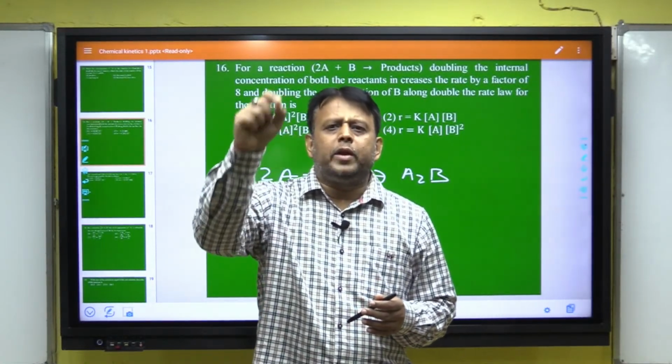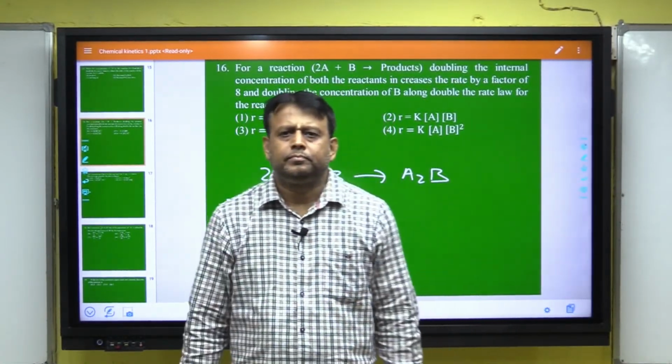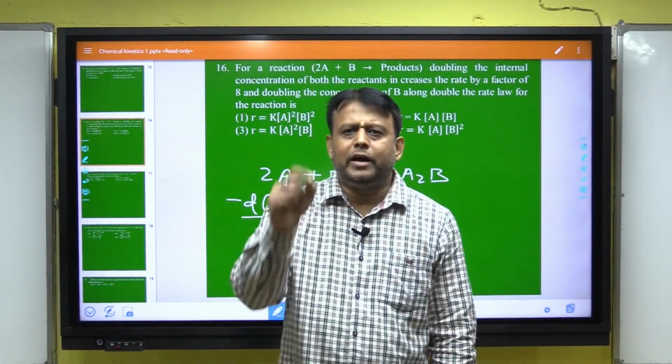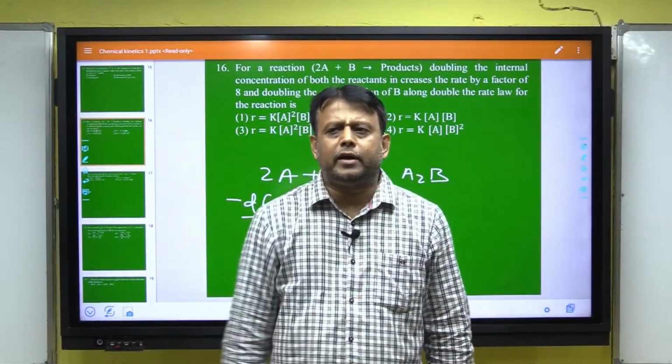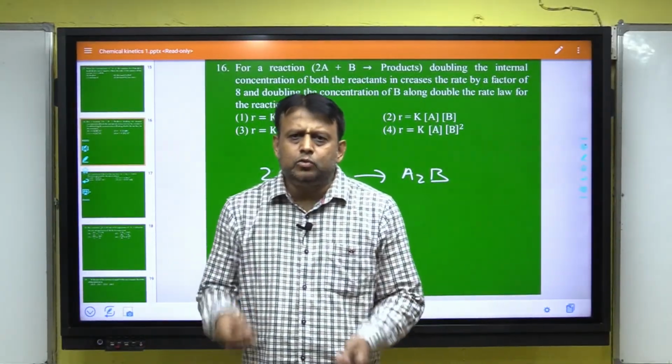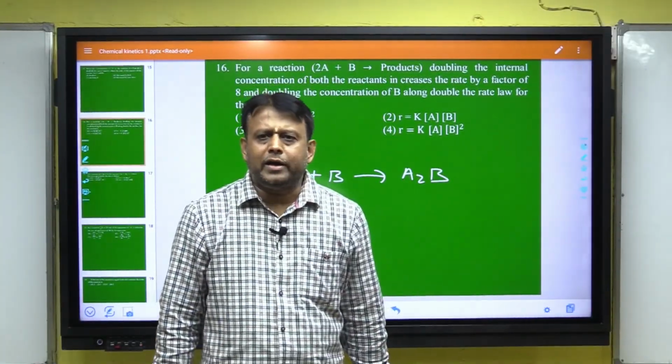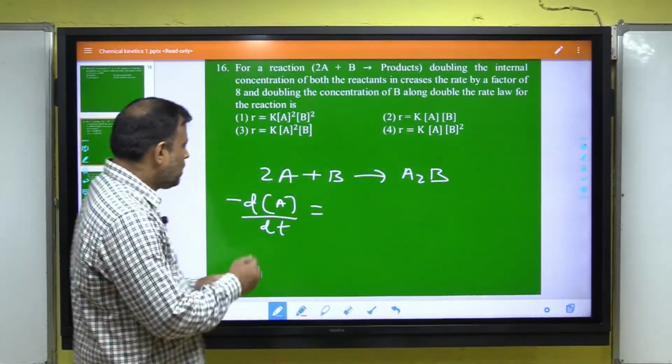Change in conc of reactant by time gives the rate of the reactant, and rate of disappearance of reactant. The word disappearance is used for reactant because conc of reactant decreases with time.